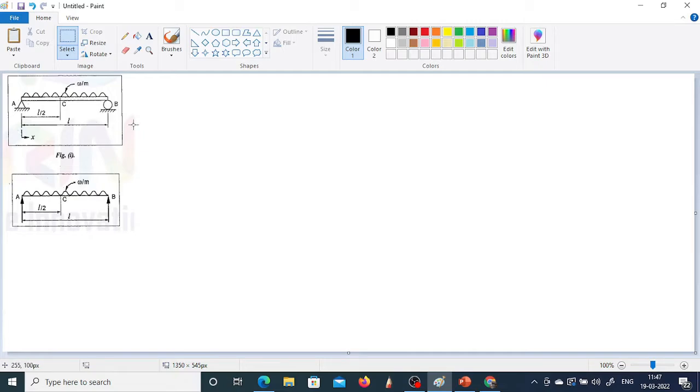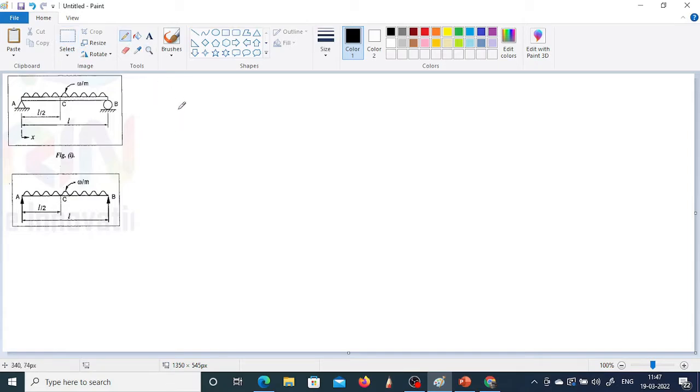The distance between those points is L, and in finite element analysis the load is always taken as centric. So I consider the load acting at point C, which is at a distance of L by 2 from point A. These are the assumptions we should make earlier to solve this problem.